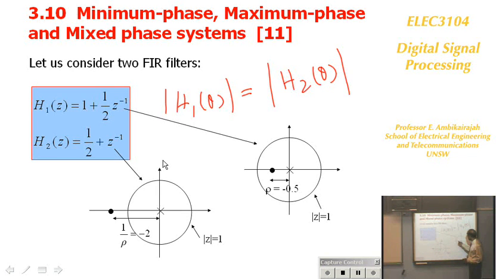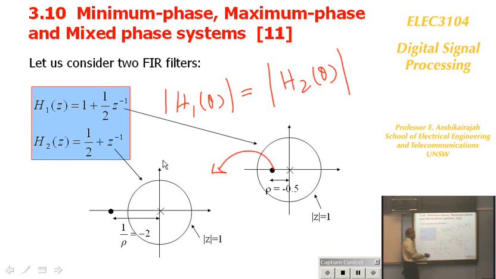So by reflecting the 0 outside or reflecting the 0 inside, whichever, reflecting in inverse, 1 over the 0 value, you can show that the magnitude responses are the same. But if you look at the phase response of them, they're different. So the zeros actually shift the magnitude, but by moving the 0 inside the unit circle or outside the unit circle by this inverse property, you will get the same magnitude response but different phase.